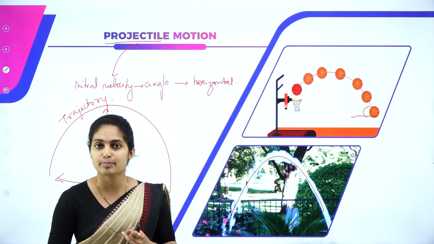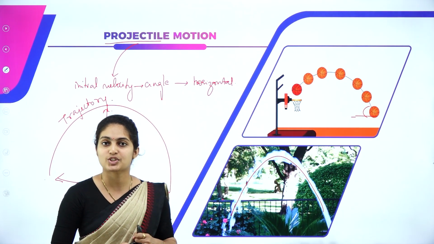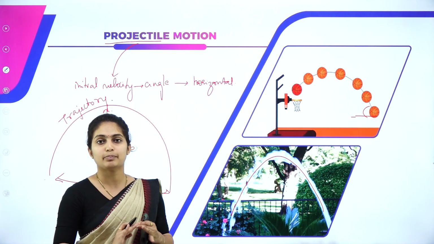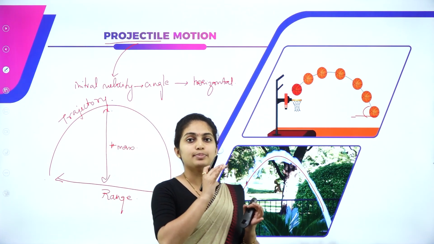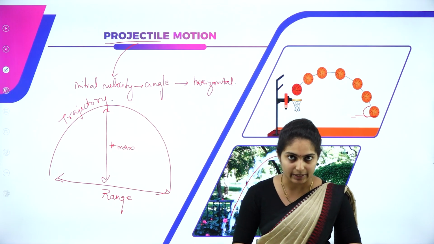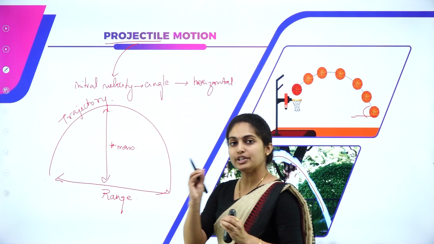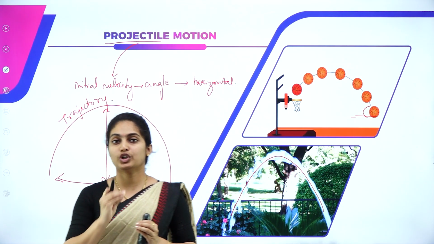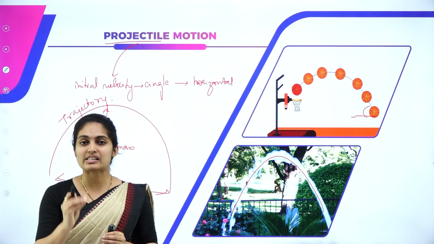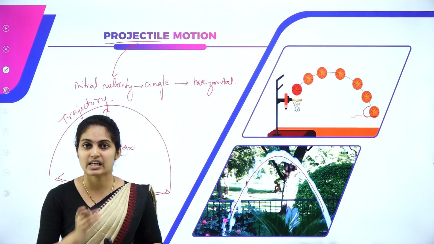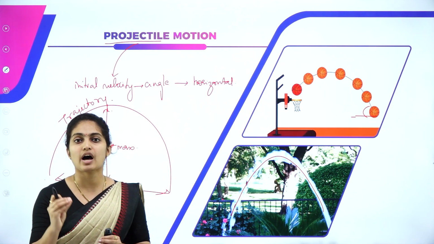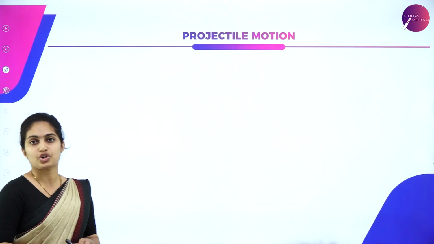So we need to calculate maximum height, range, and the time taken by an object to follow that parabola or trajectory. We shall derive those things. I hope you know the equations of motion: v is equal to u plus at, v square is equal to u square plus 2as, and s is equal to ut plus half at square, the three equations of motion.